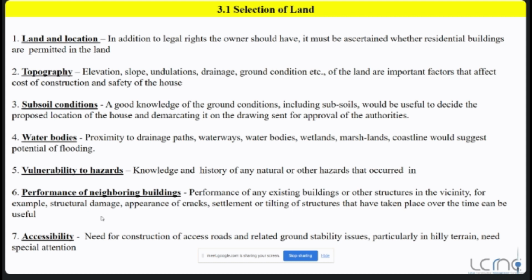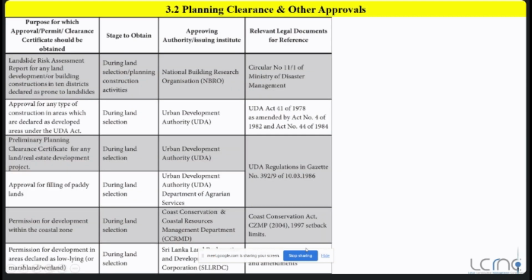In some of these hill terrain areas, they construct purposely to attract foreigners and guests. So that is the 7 criteria I have gone through for the selection of land.